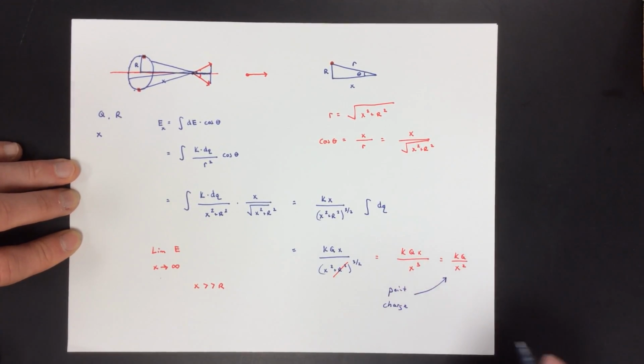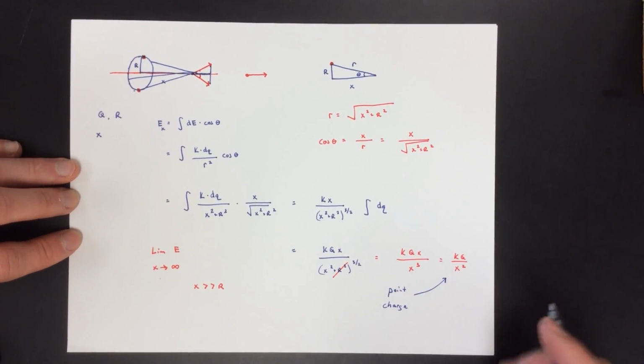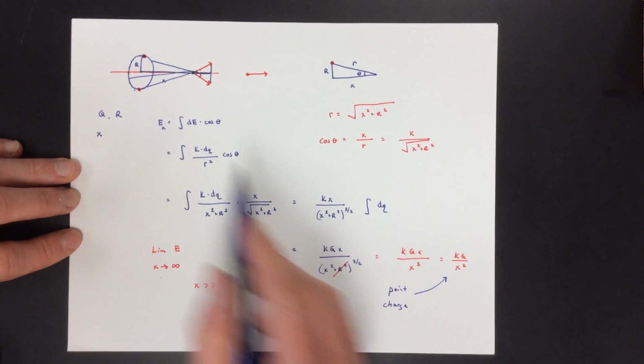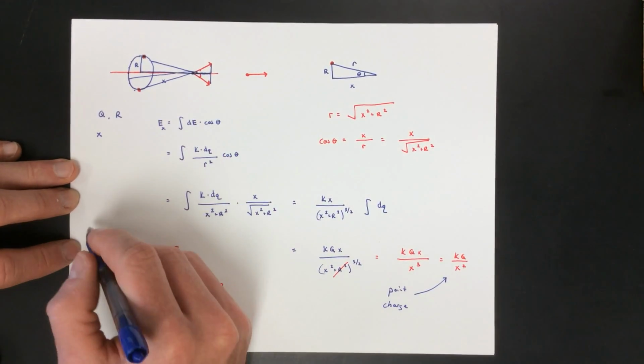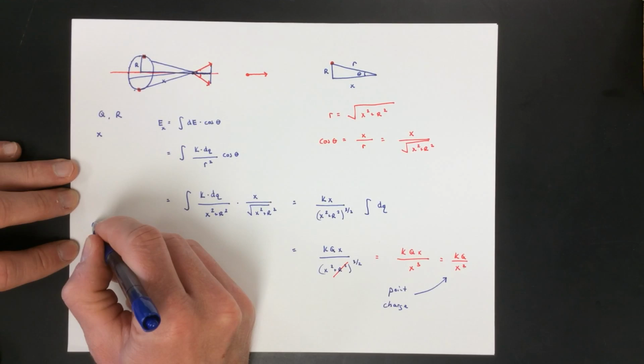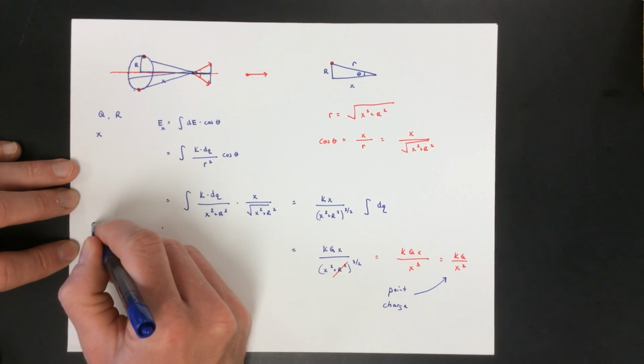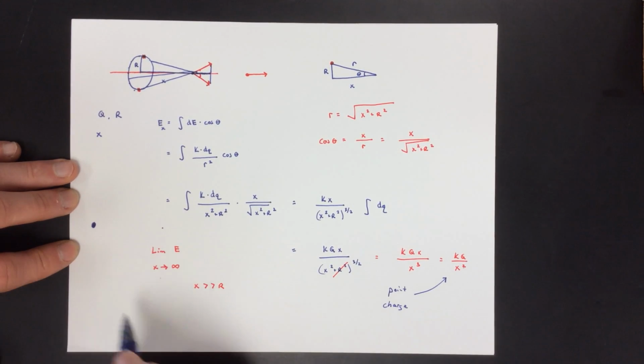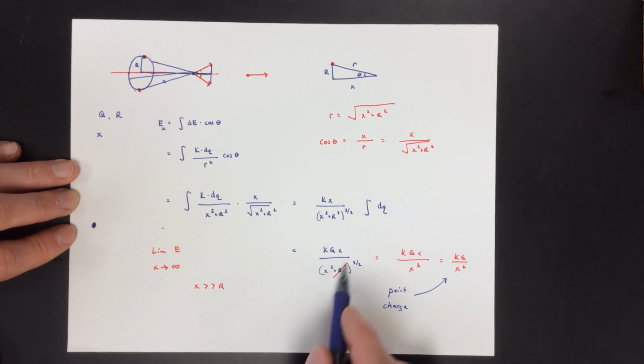It should just look like a point charge, and then it should act like a point charge, kq over r squared. Think of the ring as a really tiny ring, and now you're way away from it, then that ring is pretty much just a point charge. And then we know the electric field looks like this. So this actually makes sense if we look at the limiting cases.